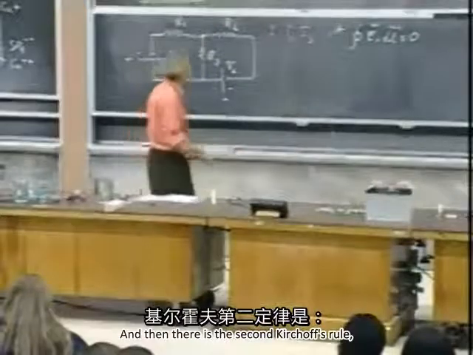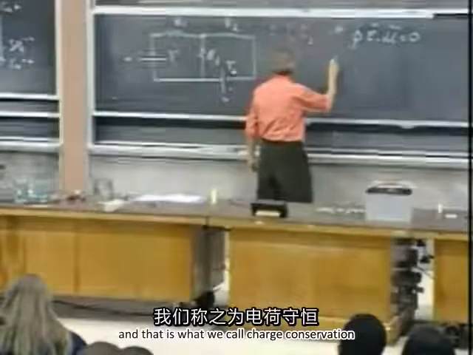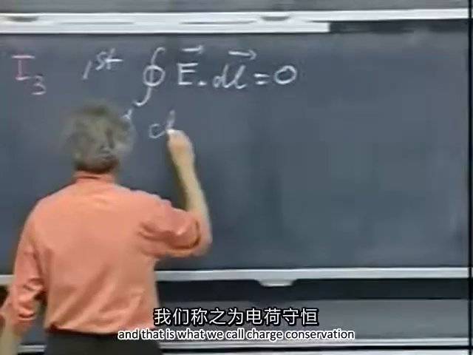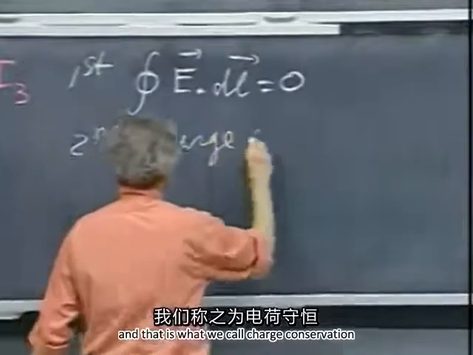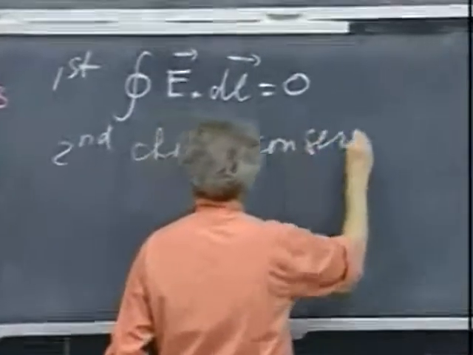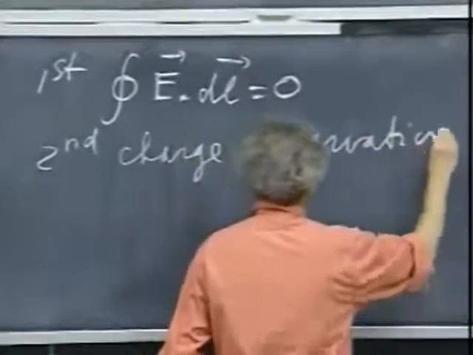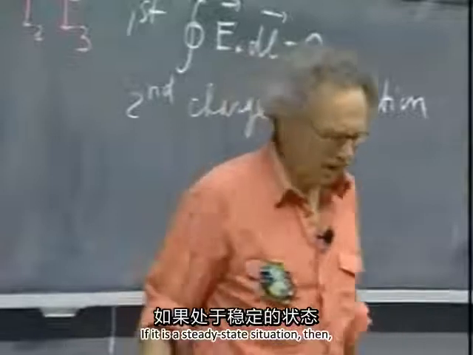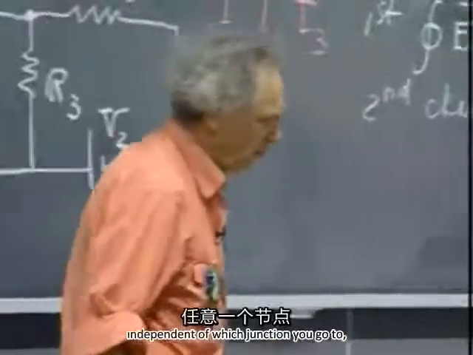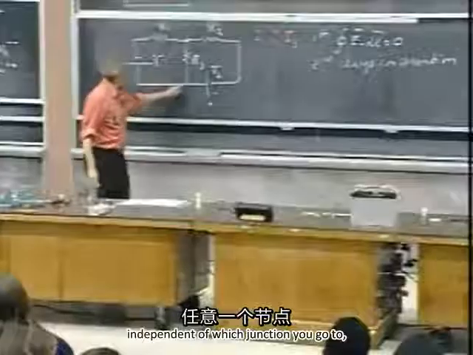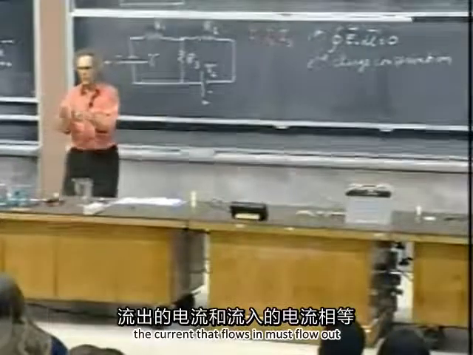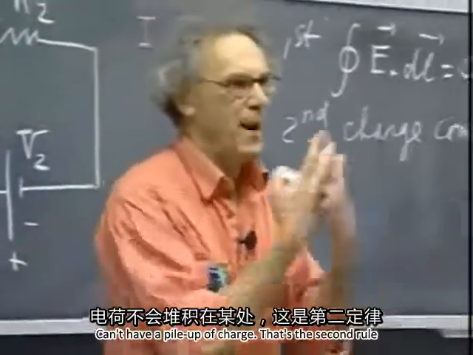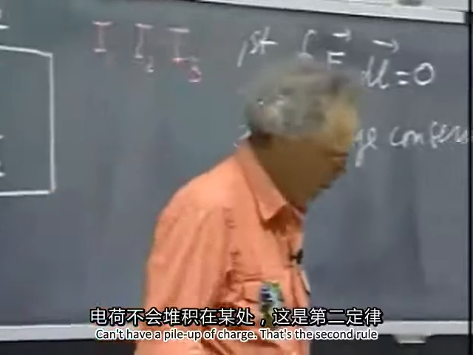And then there is the second Kirchhoff's rule, and that is what we call charge conservation. If it is a steady state situation, then independent of which junction you go to, the current that flows in must flow out. You can't have a pile-up of charge. That's the second rule.